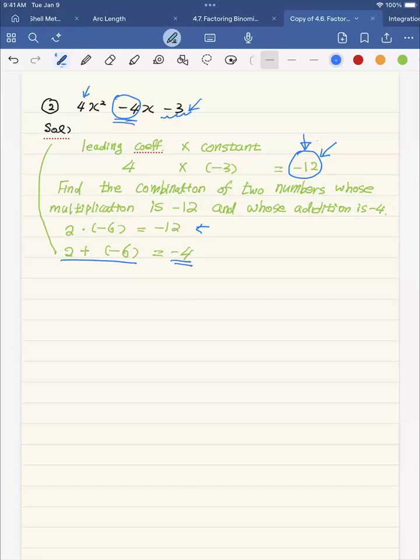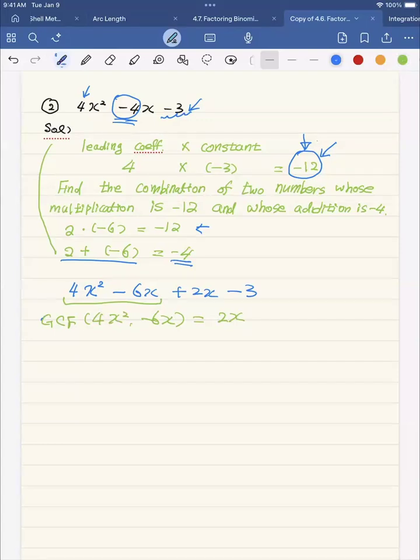So we rewrite the given expression as 4x squared minus 6x plus 2x minus 3. And then in the first two terms, the GCF of 4x squared and negative 6x will be 2x.